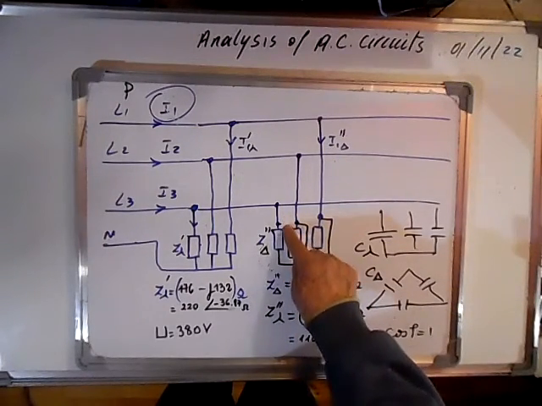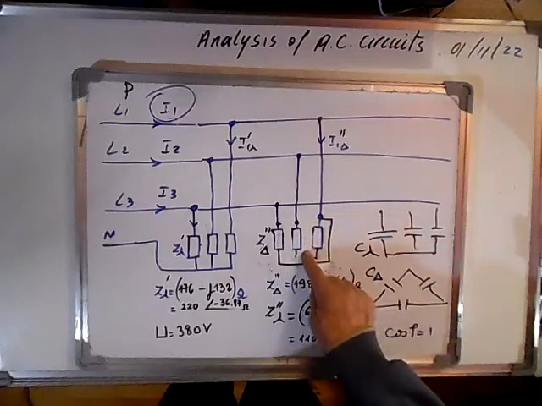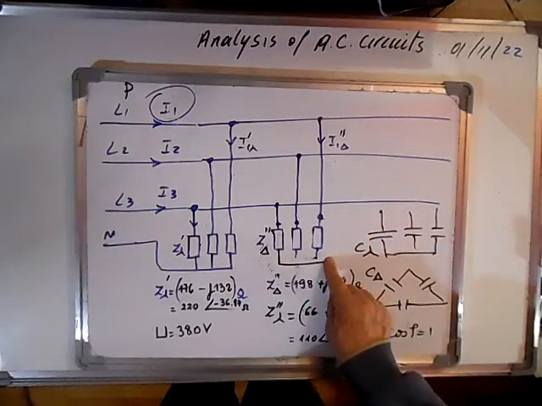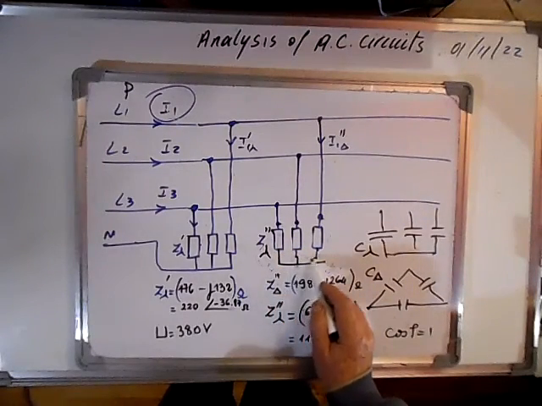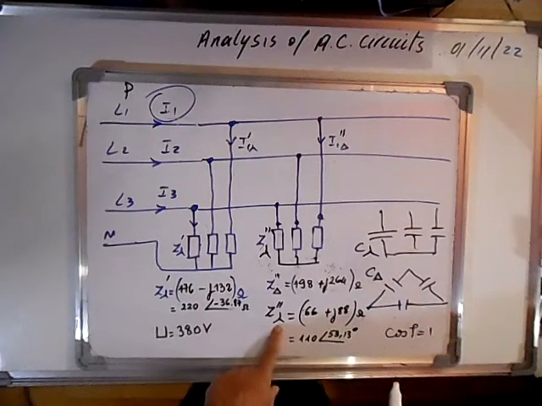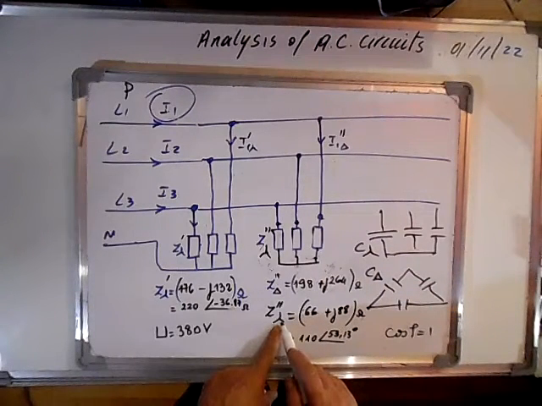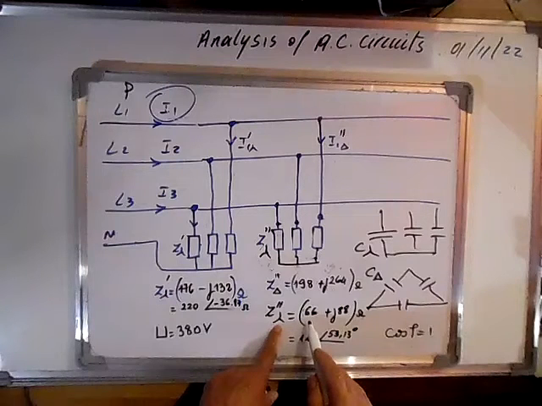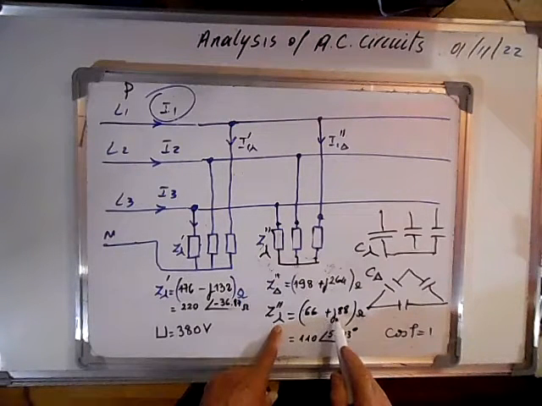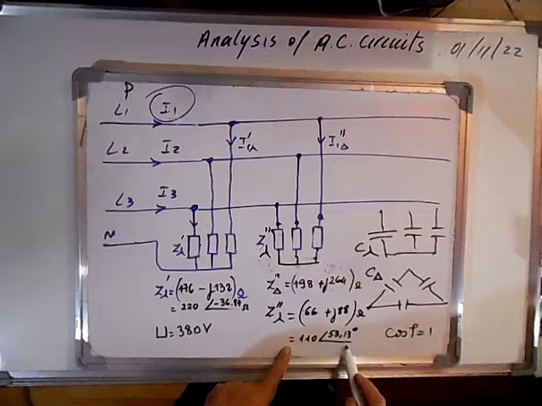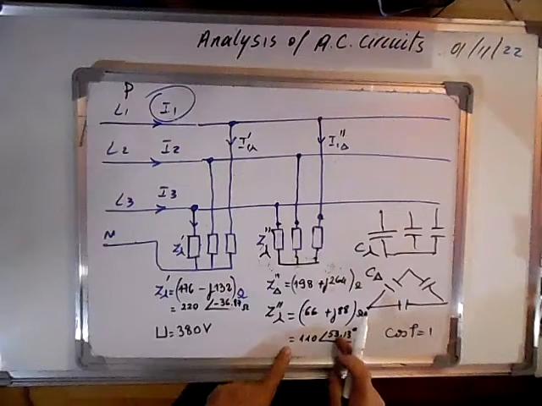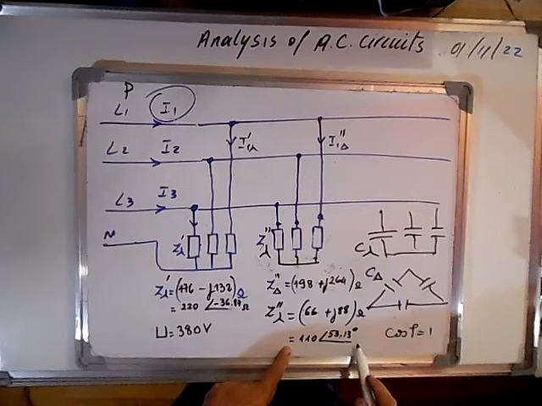to replace it first of all by an equivalent star. So we can change by dividing the delta by 3, so we get Z second in star, which is equal to 66 plus j88, and this will give us 110, and the argument is 53.13 degrees in ohms.